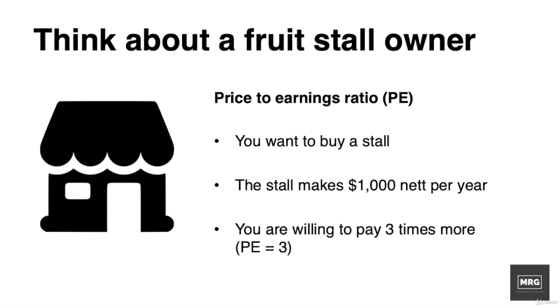So in this instance, the PE ratio is 3, which means that you're willing to pay $3,000 for this store, assuming that the store has $1,000 in net earnings and you pay 3 times that. So PE ratio is a way to evaluate a company, whether it's undervalued or overvalued today.